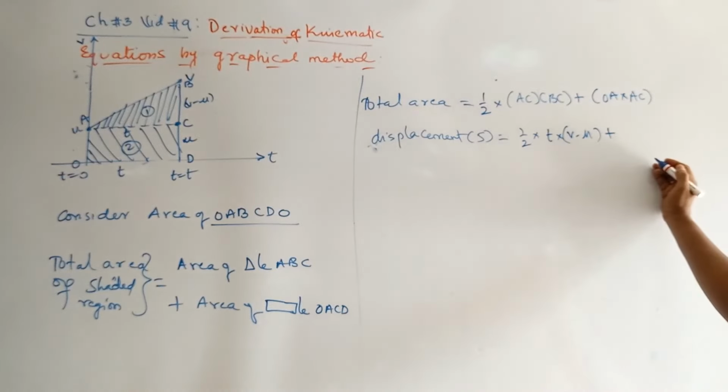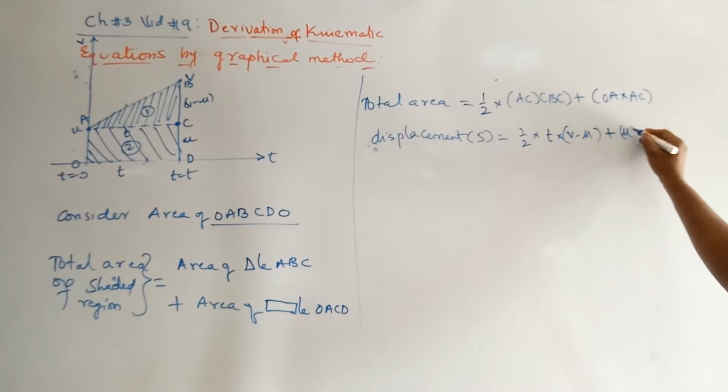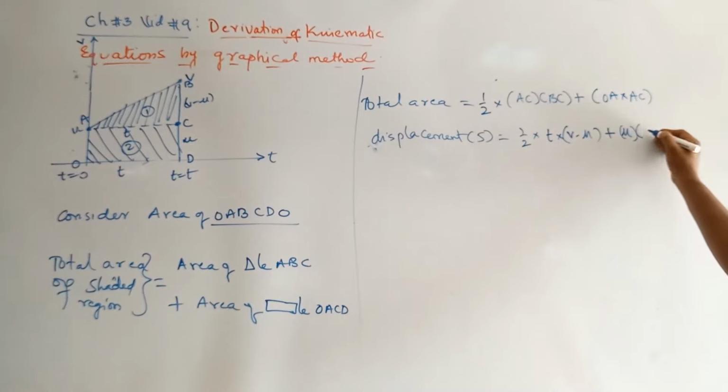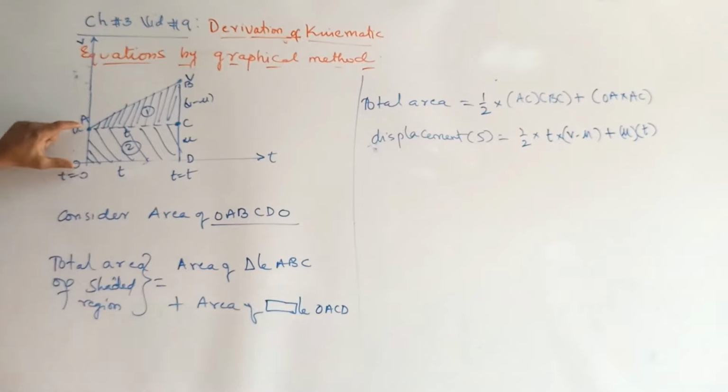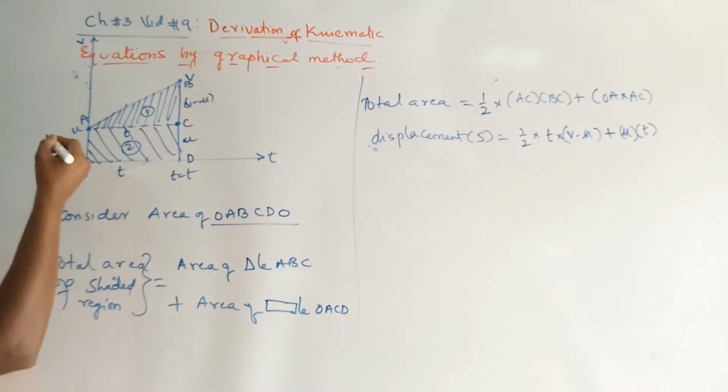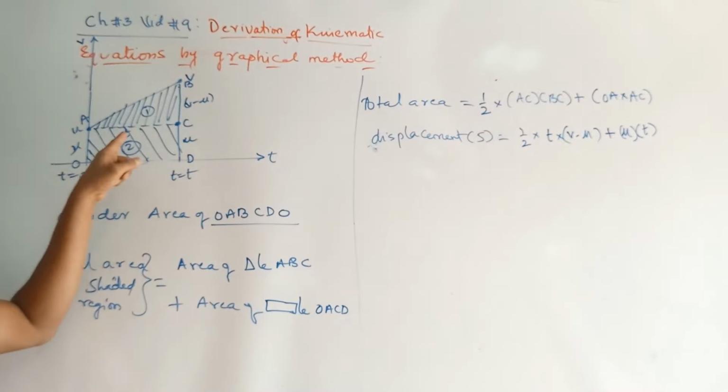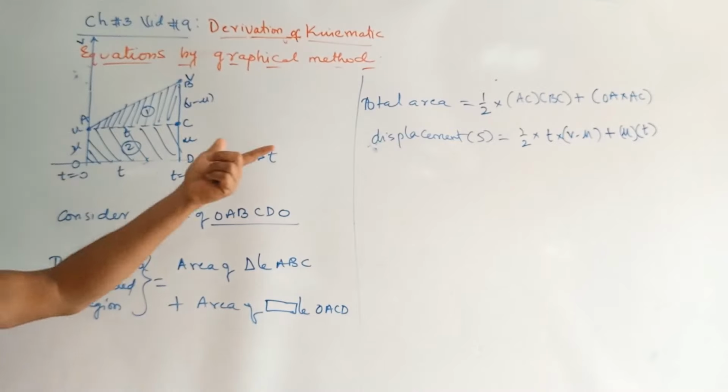OA is equal to u, the initial velocity, the same as CD. And AC is the time factor, t.